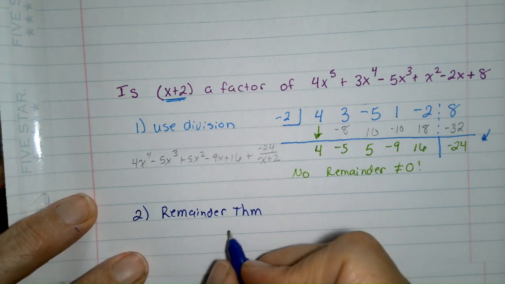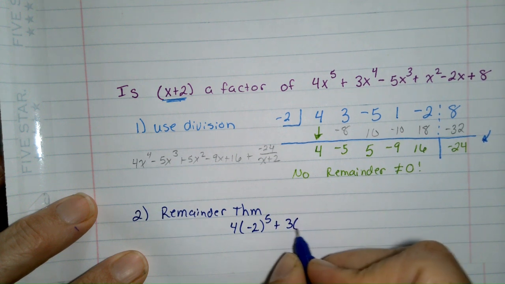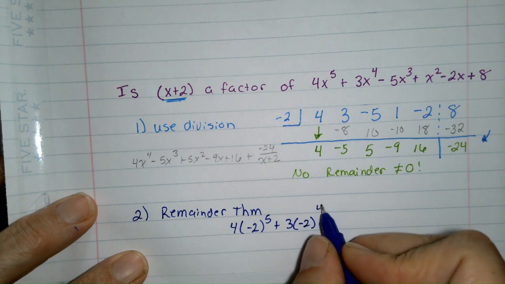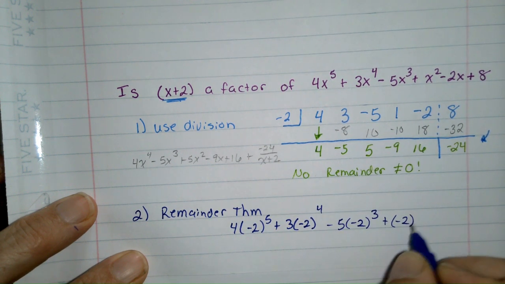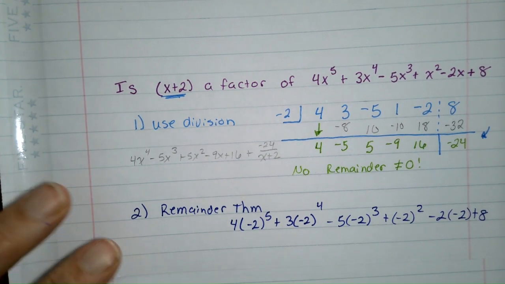A remainder theorem, we would have just done 4 times -2 to the 5th plus 3 times -2 to the 4th minus 5 times -2 to the 3rd plus -2 squared minus 2 times -2 plus 8.